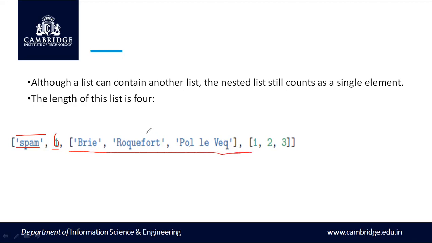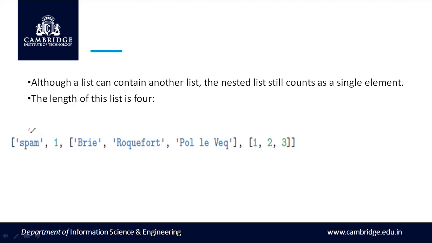This is one item, and we also have one more list, that is an integer list. So we have a string list and an integer list. Although we have a list within a list, it is still counted as a single element. The length of this particular list will be 4 because there are 4 items in the list.